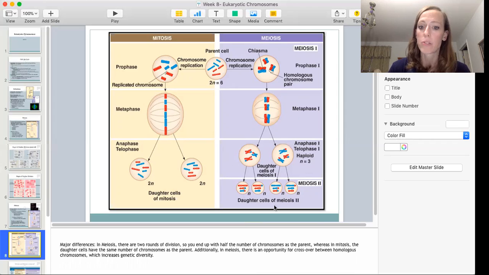And then after meiosis 2, where you go through another round of prophase, prometaphase, metaphase, anaphase, and telophase, then you have 4 daughter cells, whereas of course over here you only have 2. 4 daughter cells that are all half the number of chromosomes as you had in the parent cell. Okay? All right, so just side-by-side comparison.